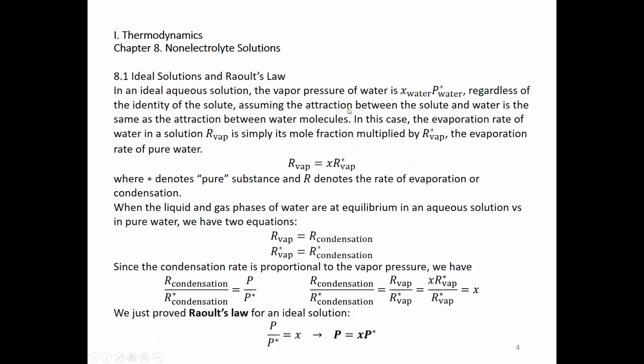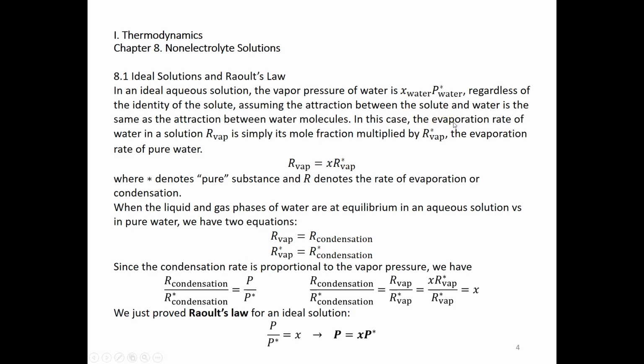In an ideal aqueous solution, the vapor pressure of water is the mole fraction of water multiplied by the pressure of pure water under the same condition, regardless of the identity of the solute. As long as we can assume the attraction between the solute and water is the same as the attraction between the water molecules, and that means we're not really changing the attraction and repulsion felt by each water.